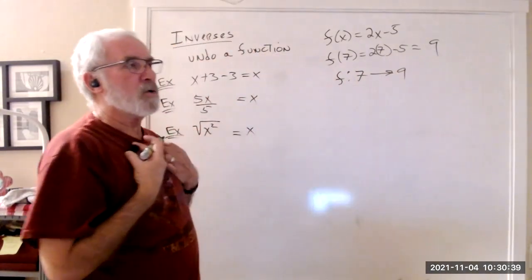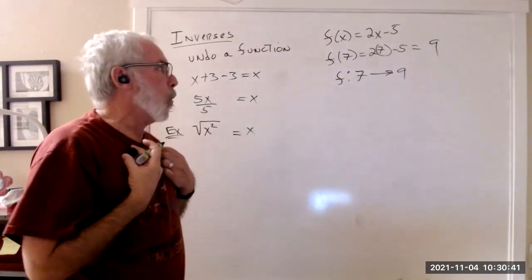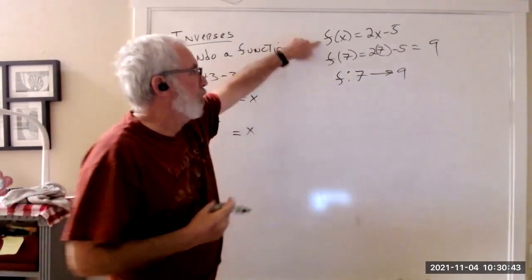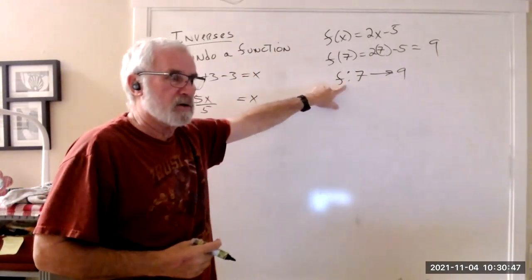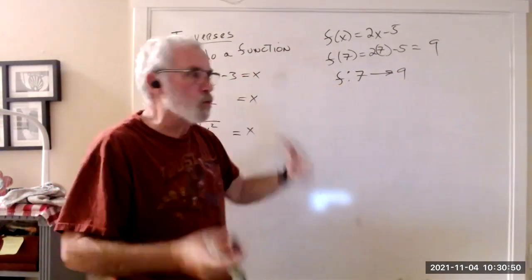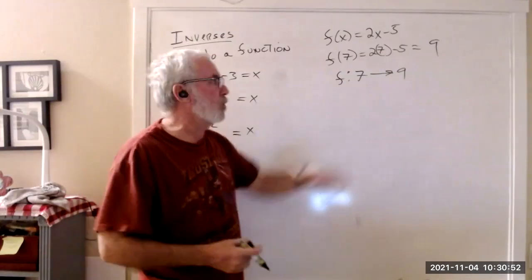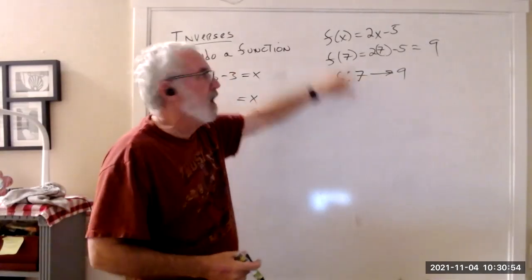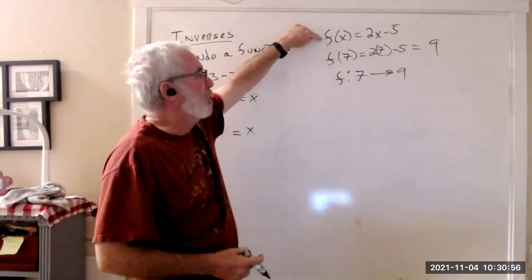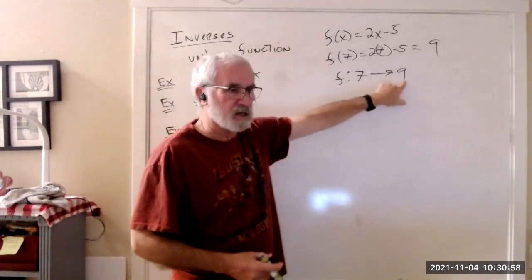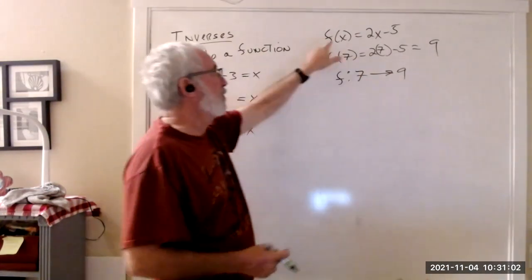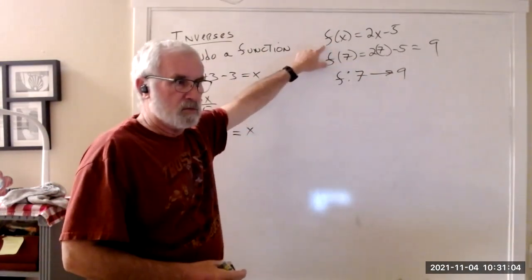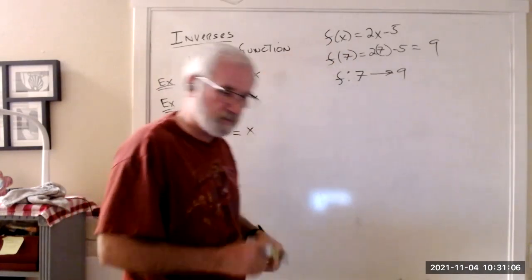I want to know mathematically what function will take 9 and turn it back into 7. What math rule will take 9 and turn it back to 7? I already know that this rule takes 7 and turns it into 9. But I want the inverse of this rule. I want to be able to go backwards.